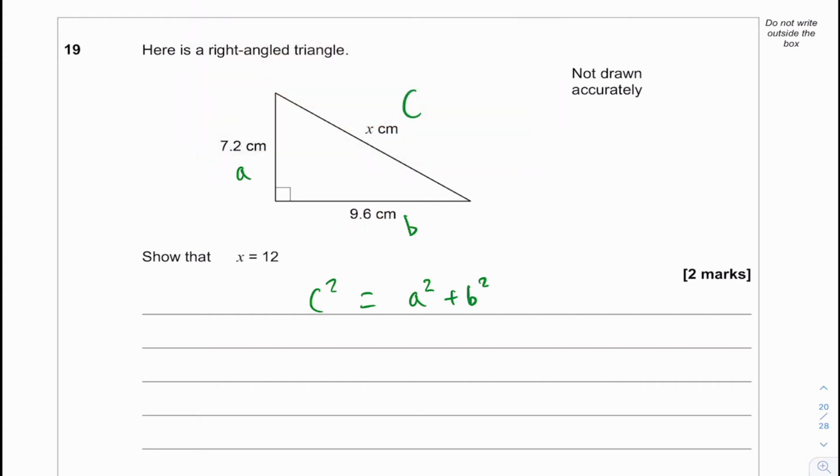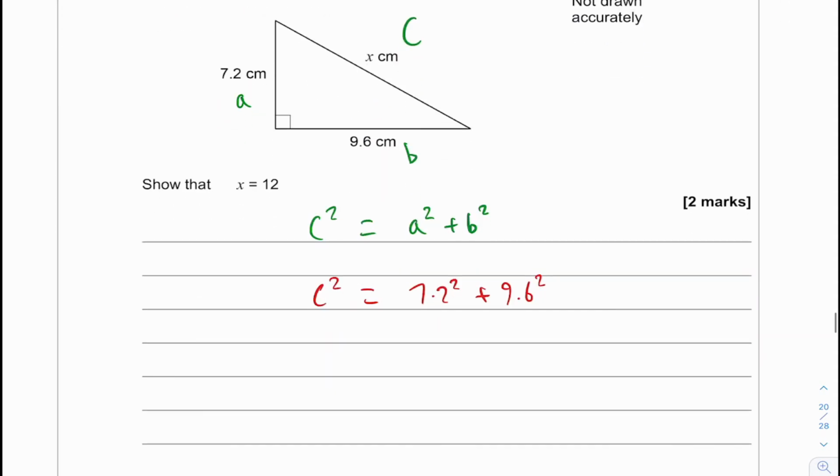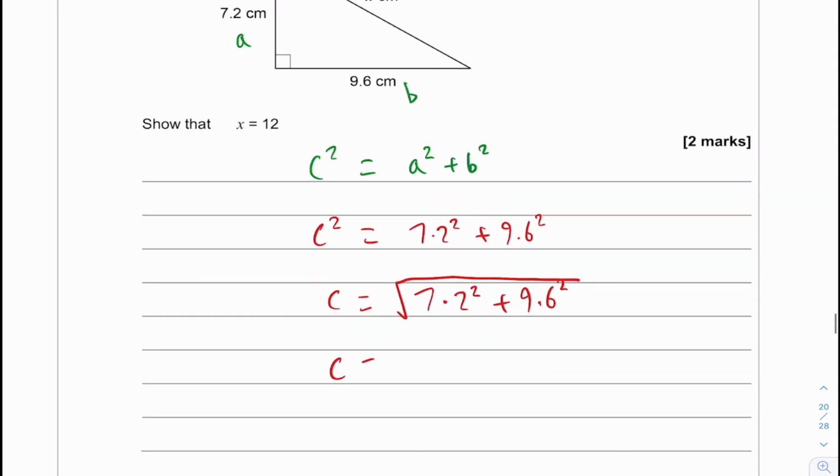So what we do is we say c squared is now equal to a squared, which is 7.2 squared, plus 9.6 squared. And then what we can say is c is therefore equal to the square root of 7.2 squared plus 9.6 squared. And then when we work out what c is, I'll just do this now on my calculator. So we've got the square root of 7.2 squared plus 9.6 squared.